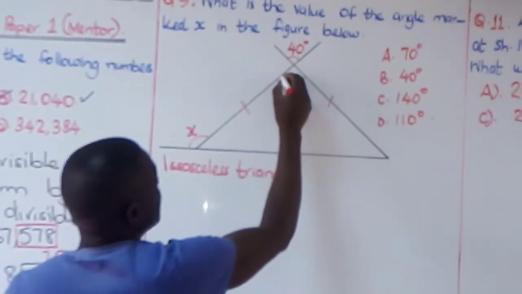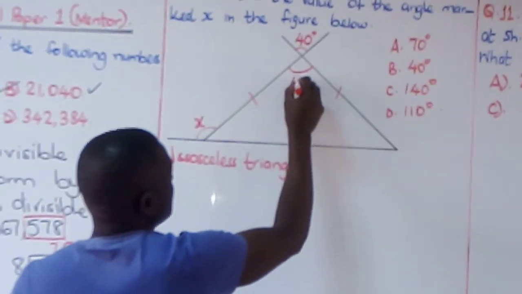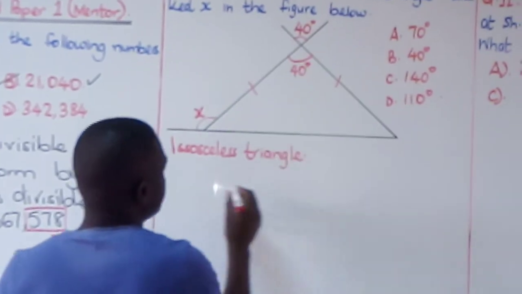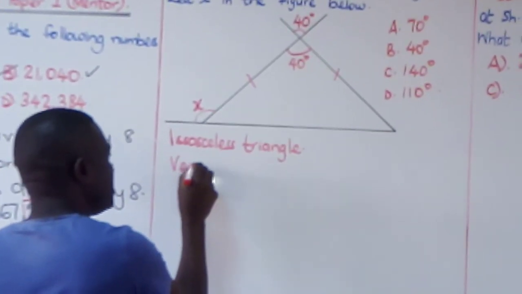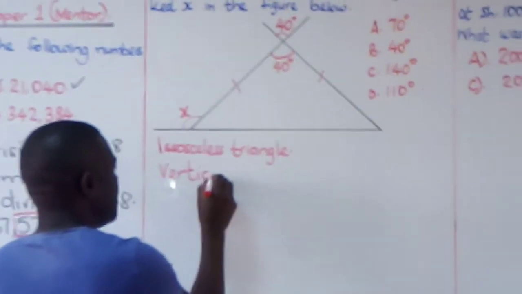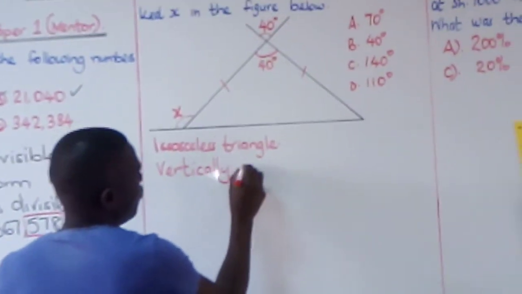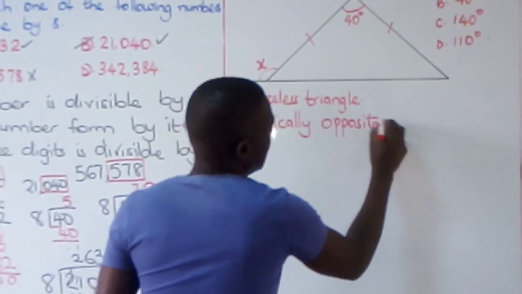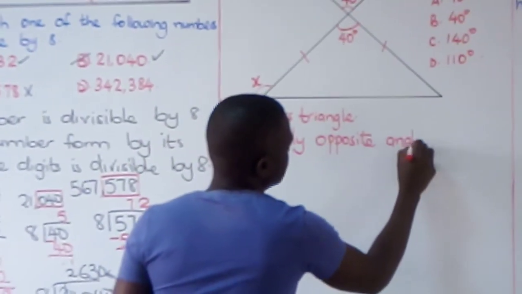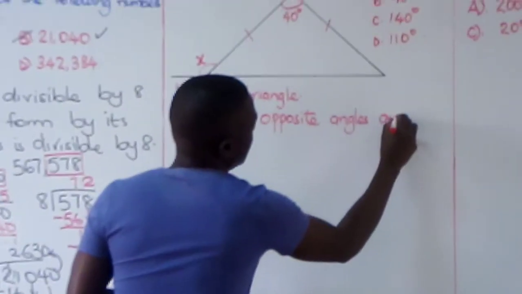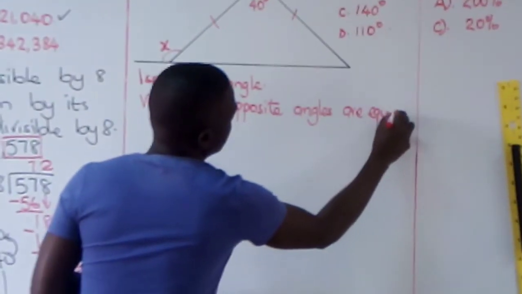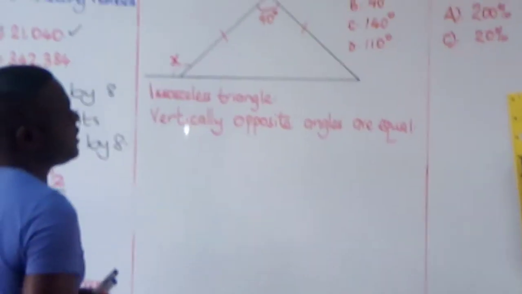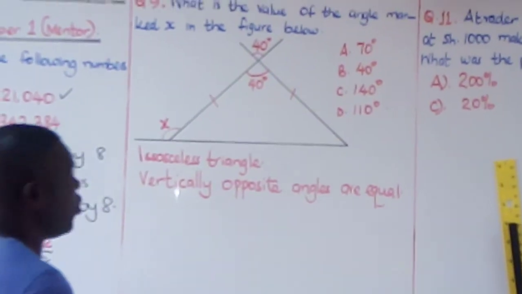And so that angle is also 40 degrees because vertically opposite angles are equal. Vertically opposite angles are equal. And I hope you remember that.